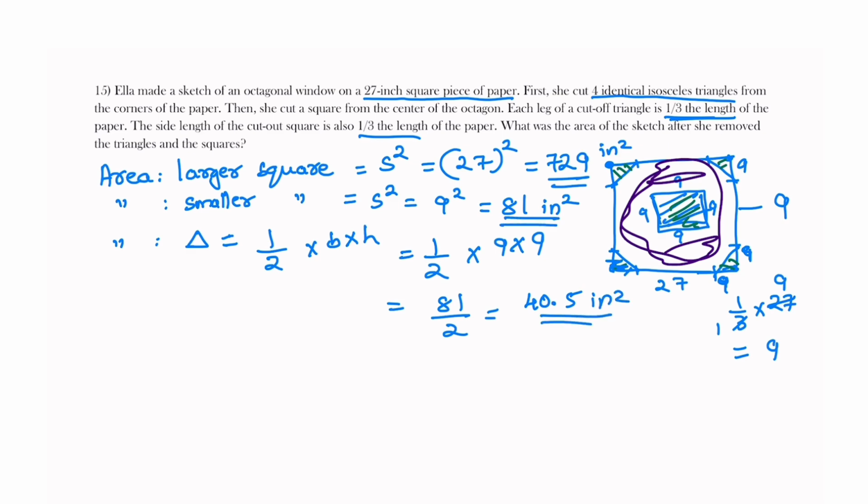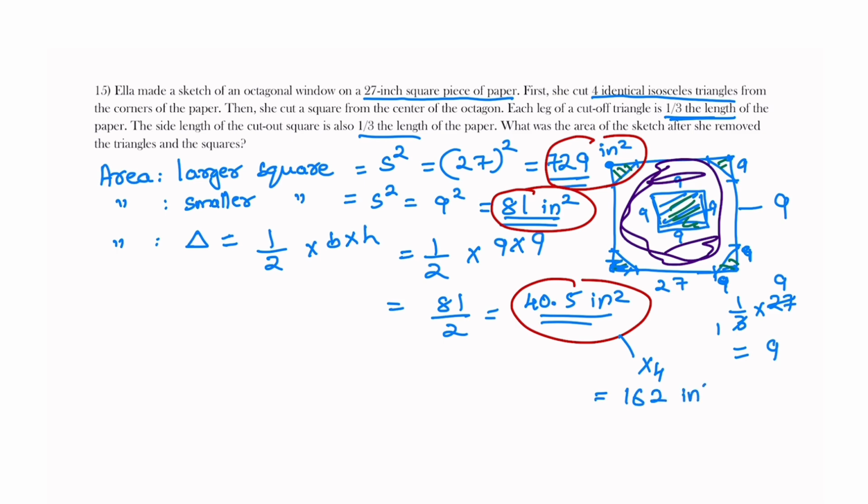So these are the numbers that we need to find the area. So let's circle those numbers first: 729, 81, and 40.5. But here we also need to be mindful that there are 4 triangles. So this needs to be multiplied by 4. And 40.5 times 4 is how much? It is 162 inches squared. So we are going to use this number for our calculation.